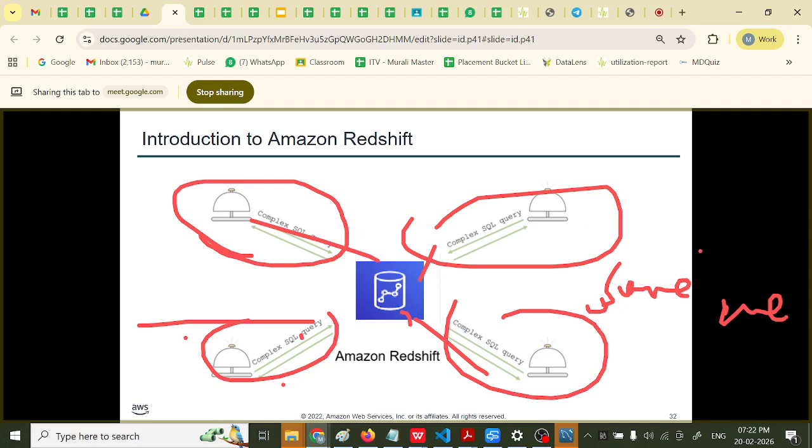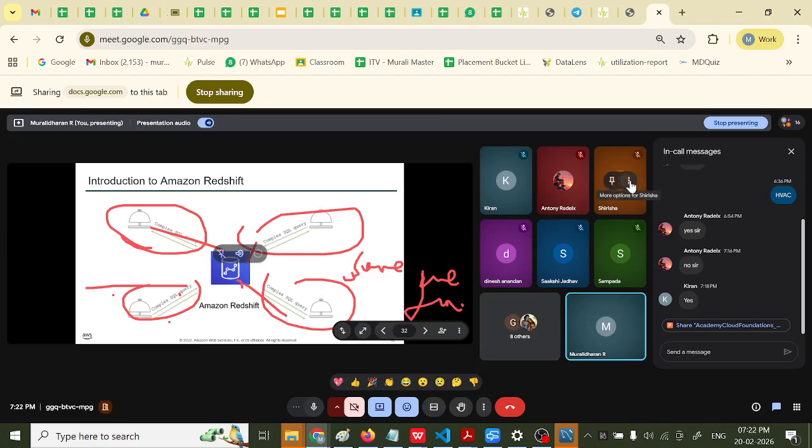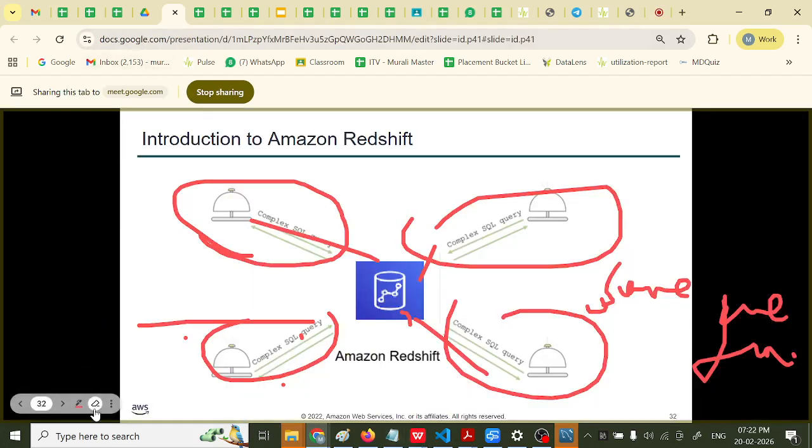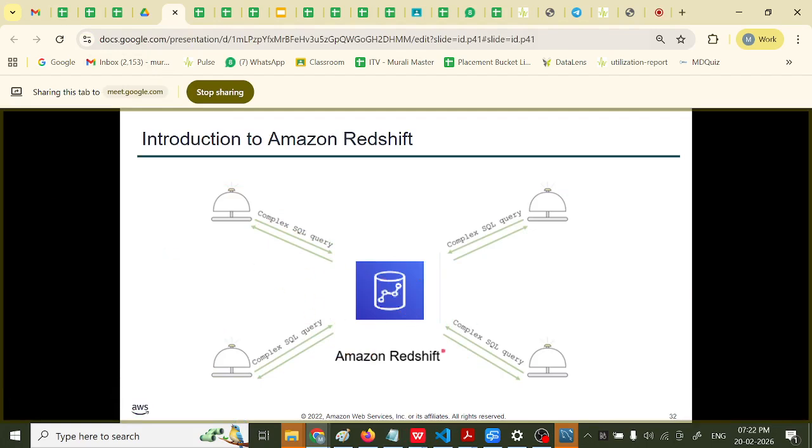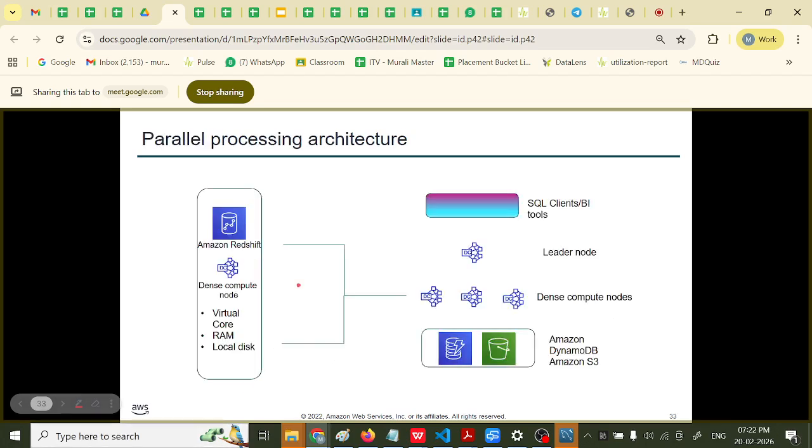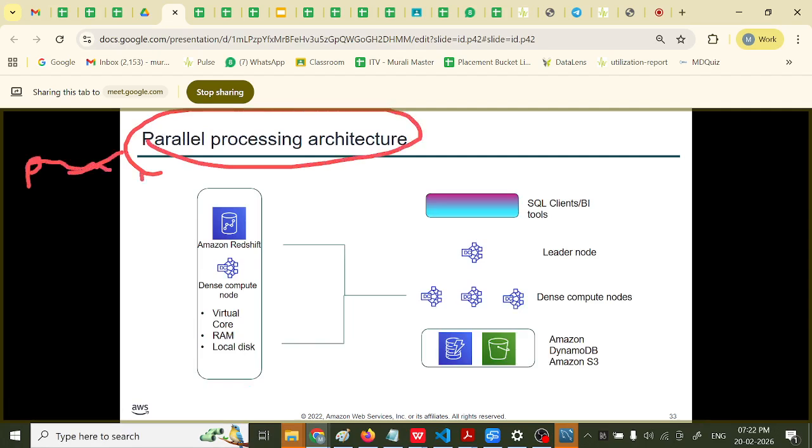Even complex queries can be handled by Redshift at the same time. Next, it follows a parallel processing architecture. Parallel processing means I'm processing at the same time. How will it do that? It will go in this flow.